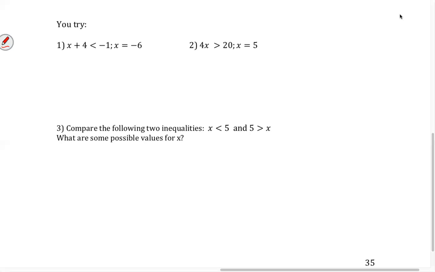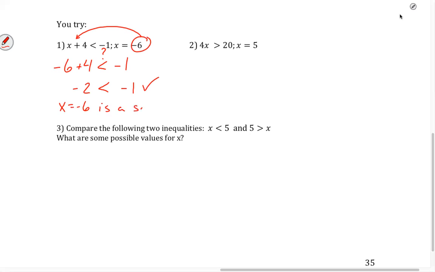Was it a solution, yes or no? Yeah, it was. If we take negative 6 and plug that in, we get negative 6 plus 4, and we're comparing that to negative 1. Negative 2 is less than negative 1. That is true. X equals negative 6 is a solution. Nicely done, Destiny.